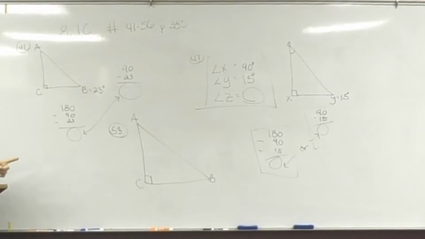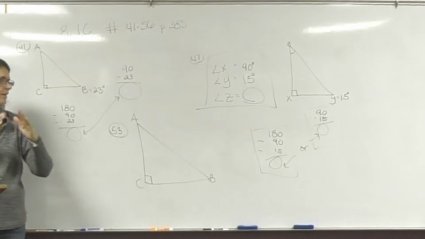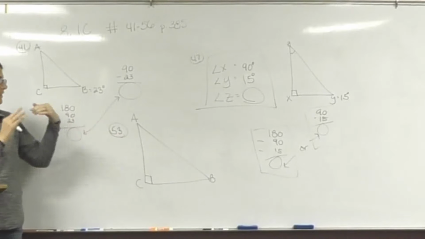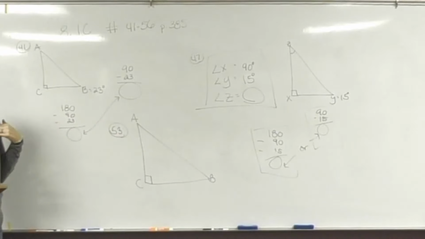On this one, I've been given the angles, each one, the vertex, and so the sides are missing. So I have to label the sides.